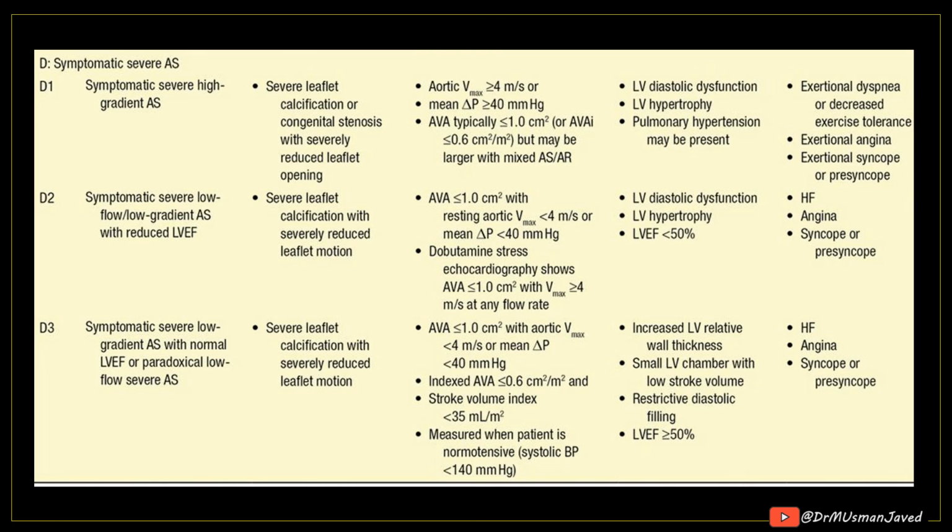And you find that you have low flow by assessing the stroke volume and finding a low stroke volume index. It's important to take these measurements with a normal blood pressure because excess blood pressure increases further afterload on the LV, which can reduce your flow. We'll come back to this as well.